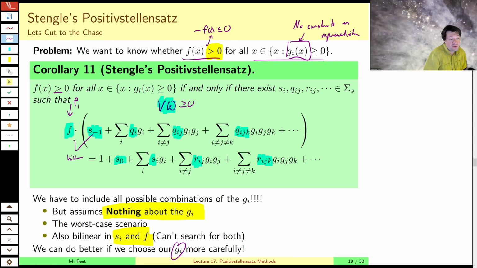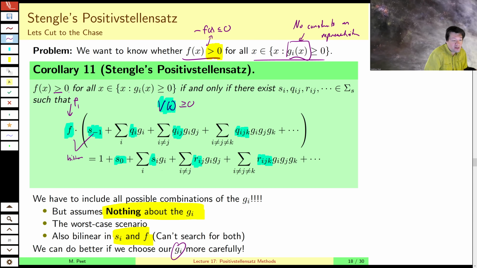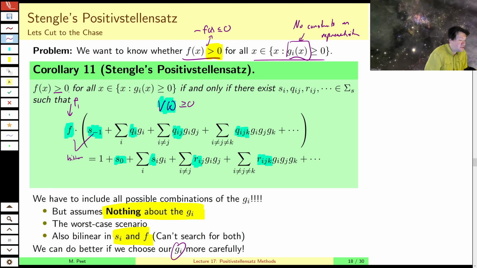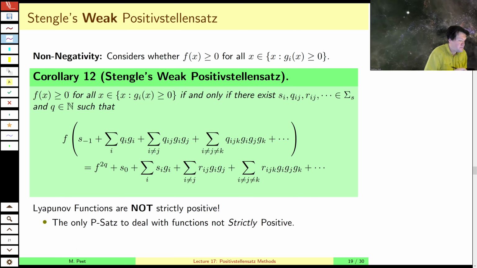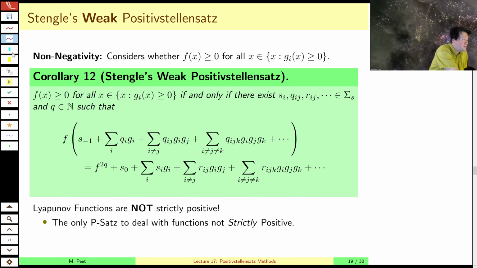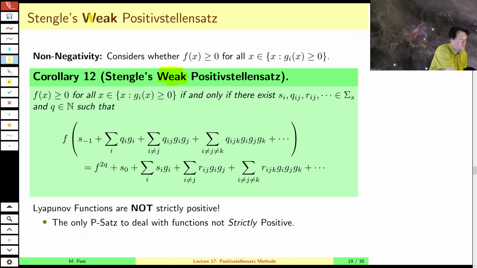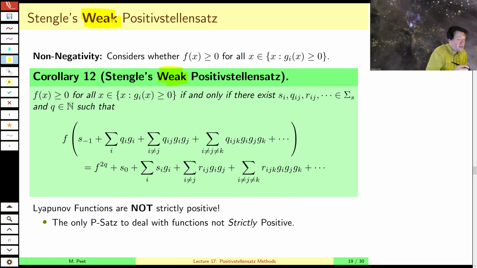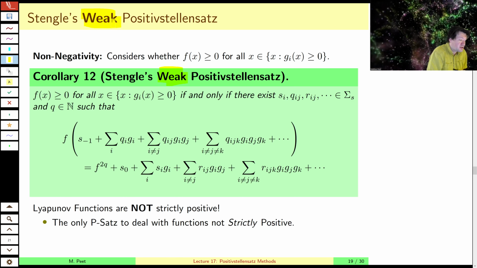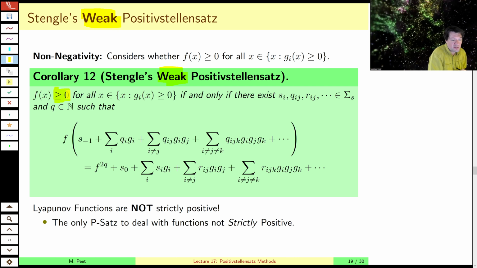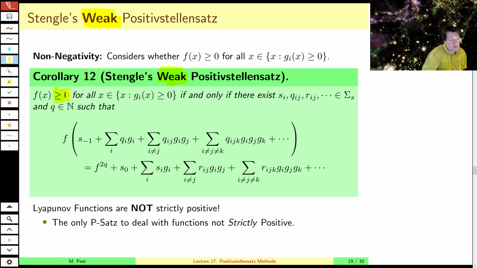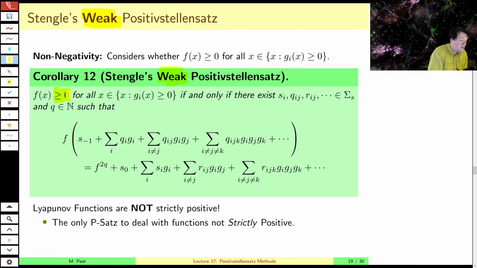This is the only Positivstellensatz that I'm aware of at the moment that allows you to do that, because they all use that geometric representation. It's weak, but actually it's stronger for us, because we prefer this inequality constraint since we often deal with Lyapunov functions. If you're doing robust stability, however, positivity is just fine.